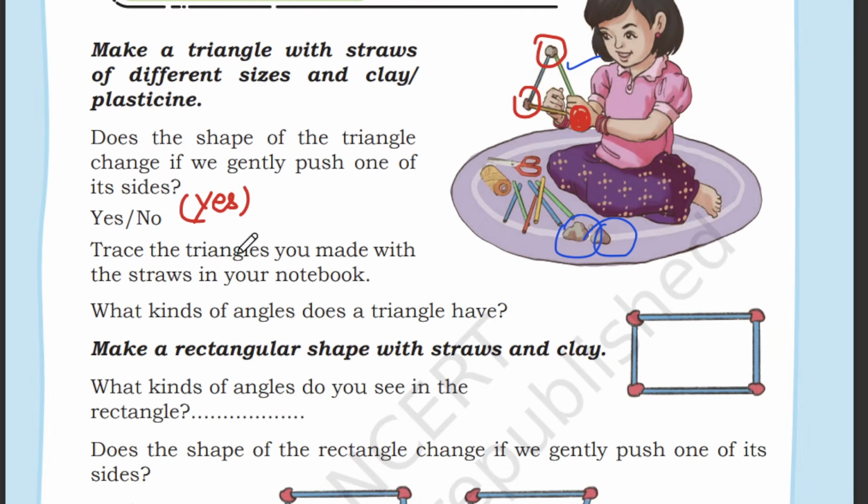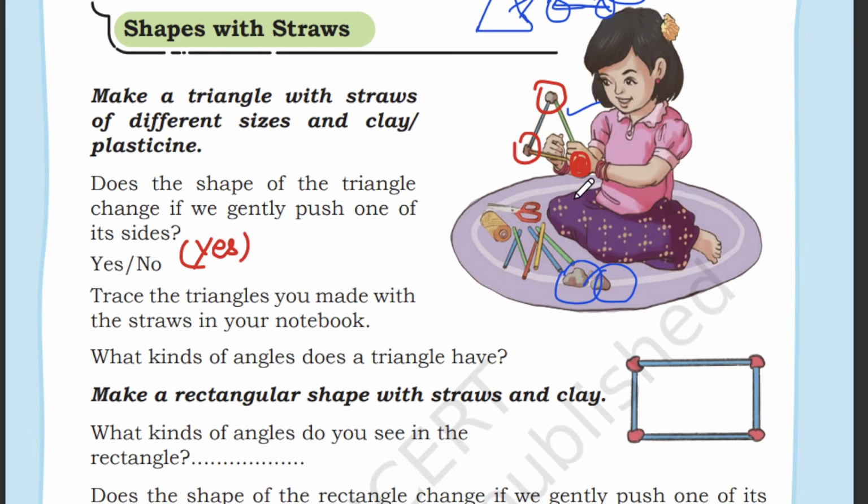Next one, trace the triangles you made with straws in your notebook. So you have to trace the triangle. This is your class project. What kind of angle does the triangle have? For example, if you have a triangle here and you take this one out, you will see this shape.